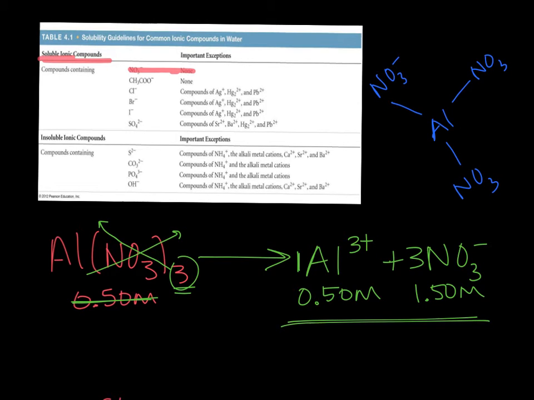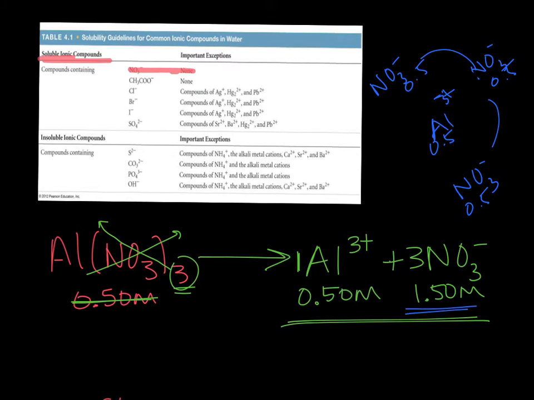This is 3+, and so there's 3 nitrates around it. And if this thing dissolves, then these bonds disappear. And so for every single aluminum that we have, 3 nitrates. And so if we have 0.5 of this, then we would have 0.5, 0.5, 0.5. And so that's 1.5 altogether, and that's where we get that from.